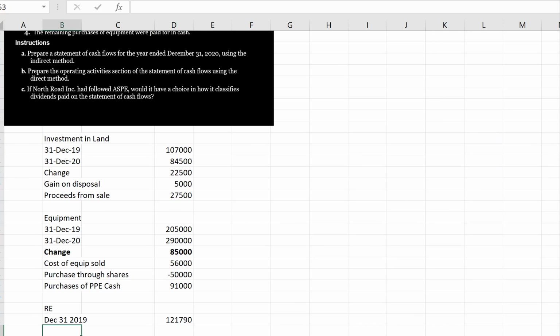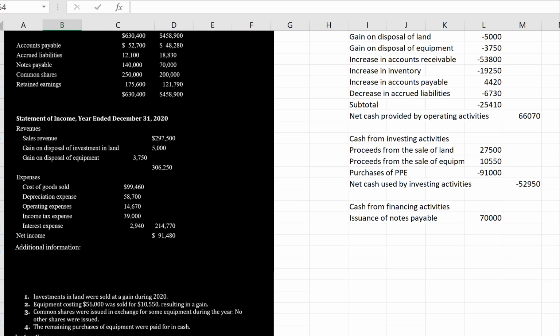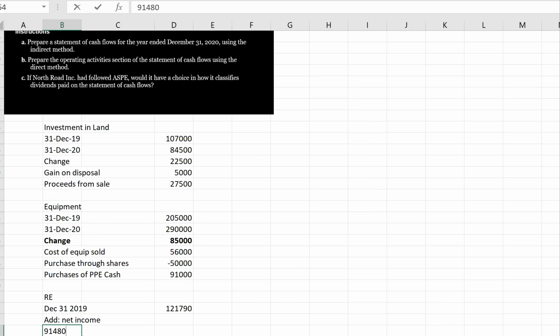Now we're going to add net income. So what was the net income for last year? Do we have a comparative income statement? Well, we have 2020 income, so that's what we're going to add, 91,480, because we're trying to get to the December 31st, 2020 balance. So 91,480.